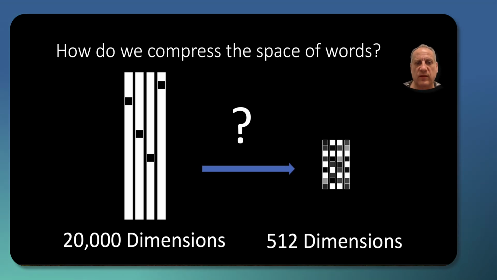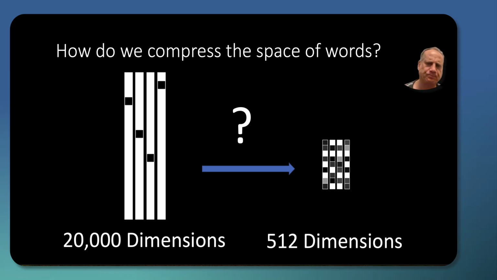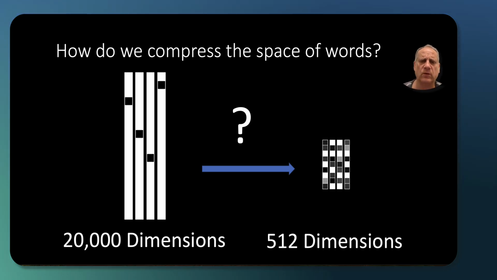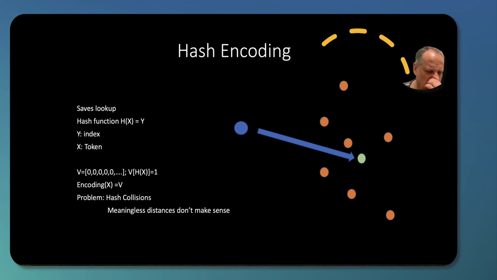We're starting out with, let's say, the top 20,000 words, so we're in 20,000 dimensions, and let's say we want to go down to 512 dimensions. Well, if we didn't care about meaning too much and we just wanted to do dimension reduction, we could do what's called hash encoding, right? There are ways that we could encode everything so that it's just smaller and more densely packed.